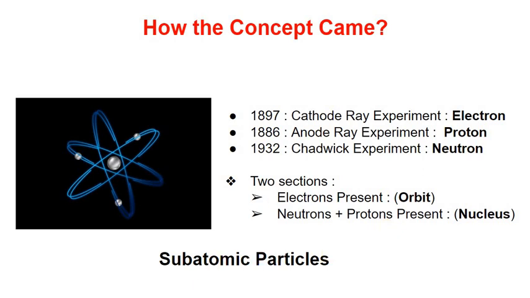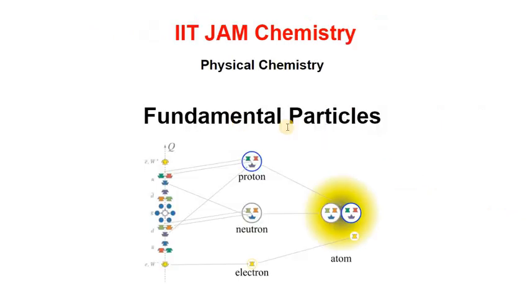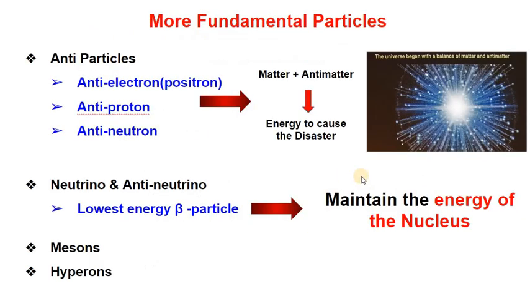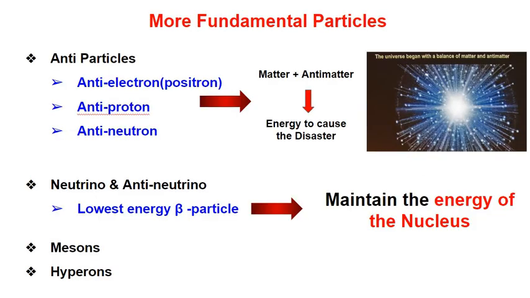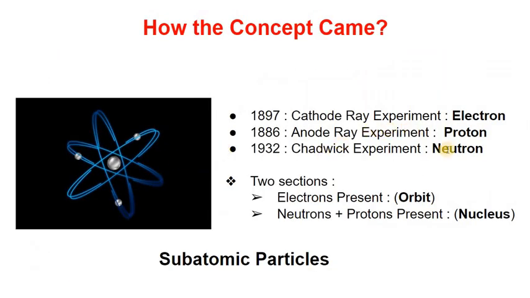So these are called the basic atomic structure, but actually we are discussing the fundamental particles. That means we need to go deeper. We know about the subatomic particles electron, proton, neutron, but actually these are not the final subatomic particles. We can get smaller particles than these, because these particles are not the smallest ones.